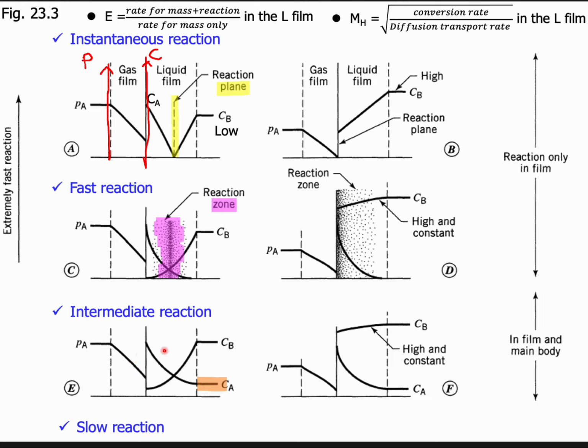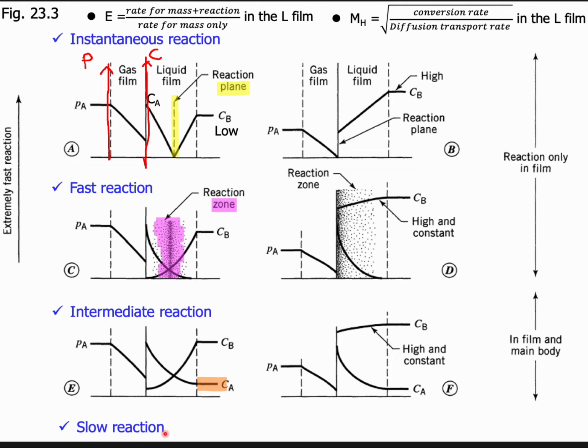And when the reaction gets slower and slower to an intermediate chemical reaction, then the reaction location will include the film layer and the bulk liquid. And you can imagine if the reactions get slower still than intermediate chemical reactions, it will become a slow chemical reaction.